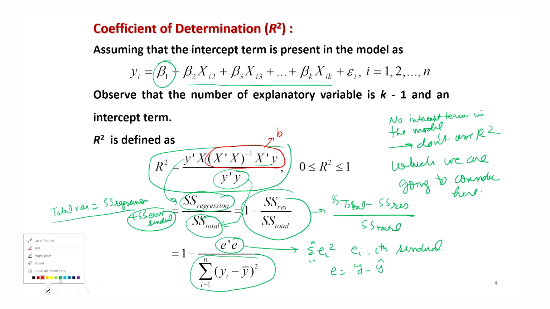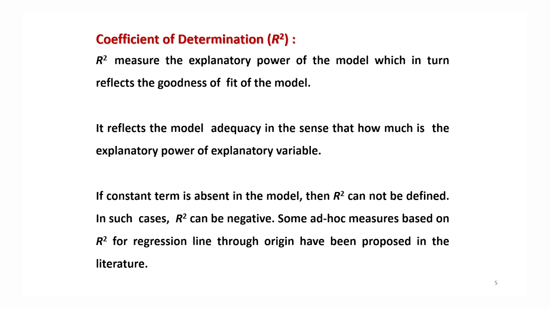So this is how one can say that if you choose a good estimator which explains the variation in the y variable through the fitted model, then this R square should be higher, otherwise lower. The value of R square will depend on the estimator that you have used to fit the model.